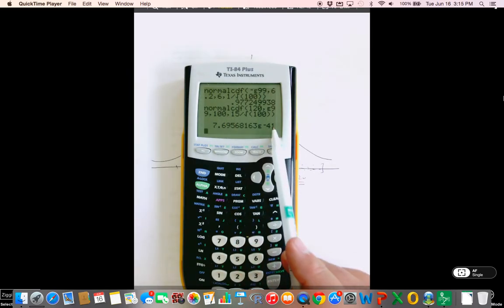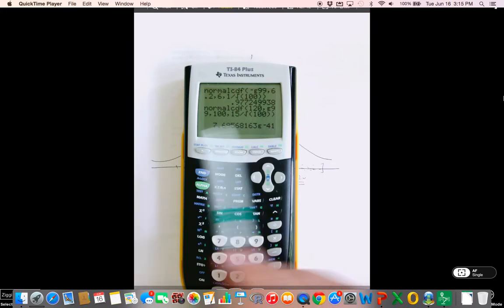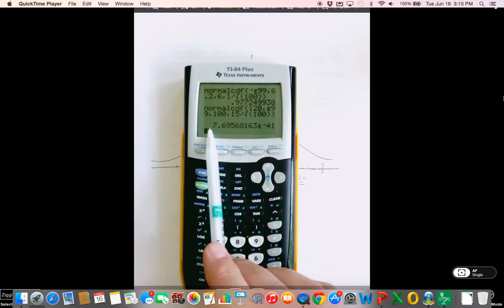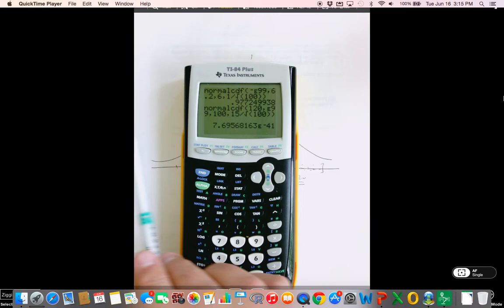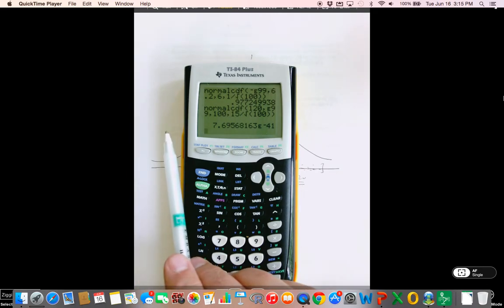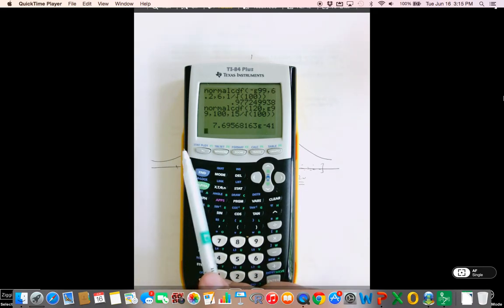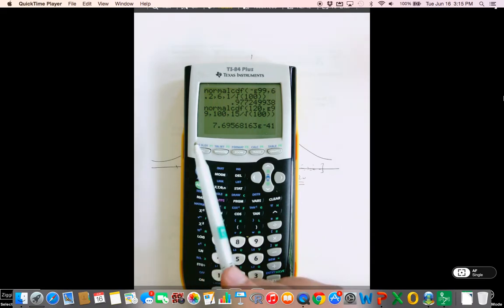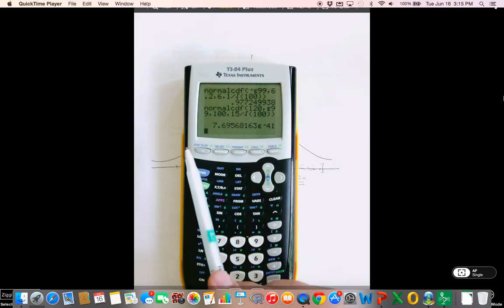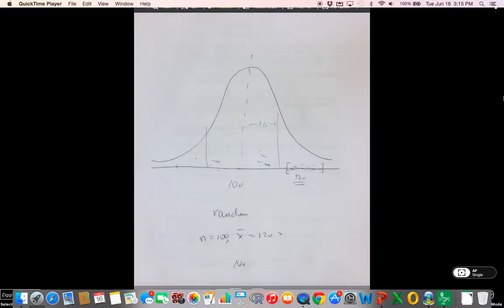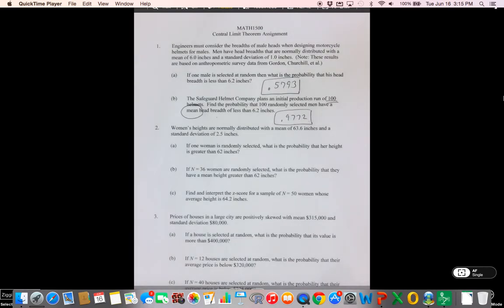That's telling you that you have to move the decimal place 41 places to the left. So I need to pull that over one place and keep moving it 41 times to fill in with 40 zeros. So in essence, the probability is 0.0000, pretend I said 40 zeros, 77. That's not going to happen. It is extremely rare. You have a lot better probability of winning the lottery than randomly selecting 100 people with an average IQ of 120 or higher.